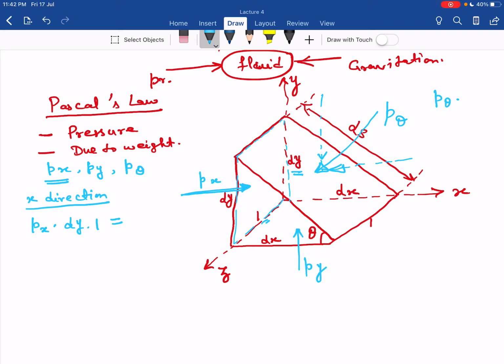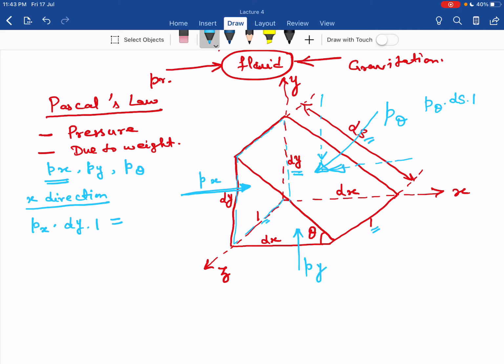Area is 1 into ds. So write it again. This force is p theta into ds into 1.